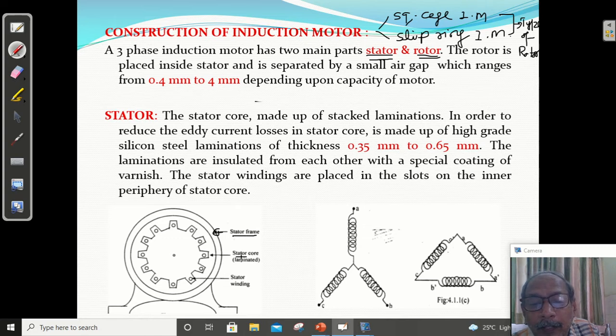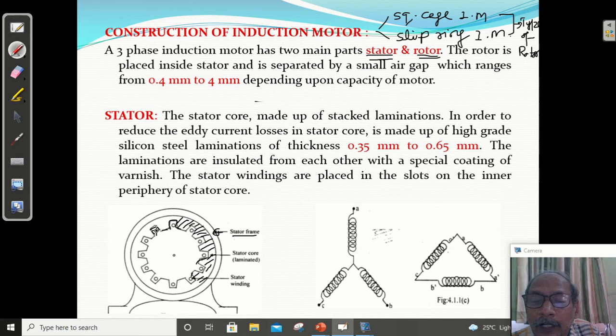उसके अंदर का ये part है, that is called as stator core. You can say this part. Clear? This is called as stator core. It is housed in the stator frame. And you can say this part like this.